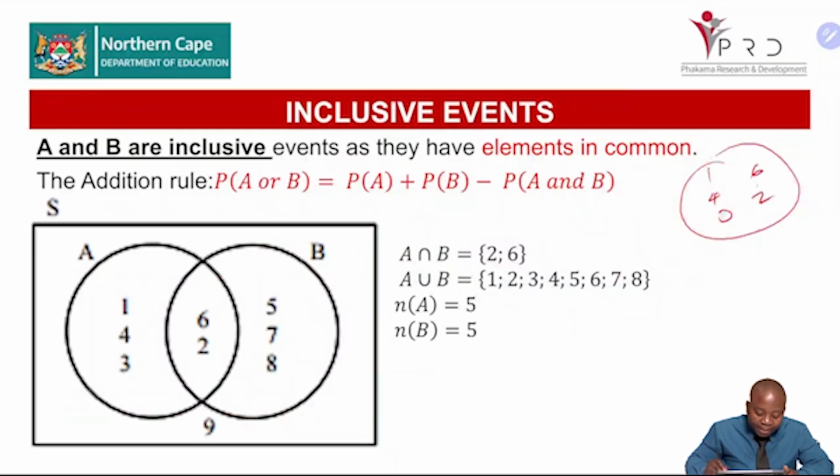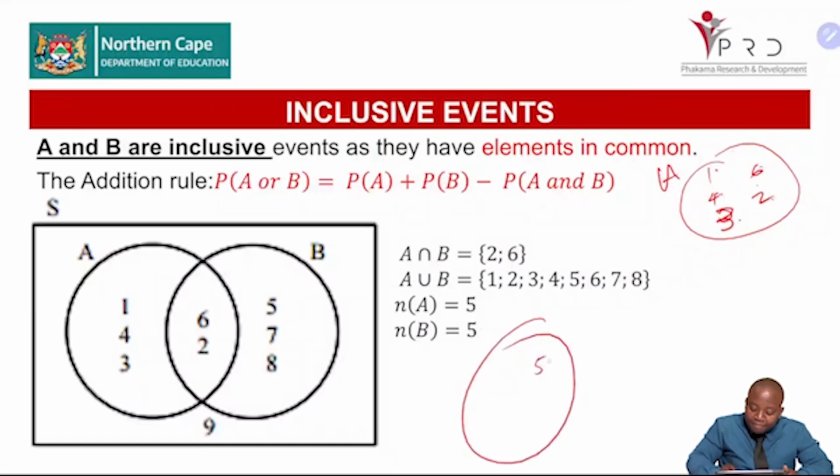So even if I separate the event A, you can see there are 5, including those in the intersection. Then event B alone is going to be 5, 7, 8, 6, and 2. So there are 5 again in B.